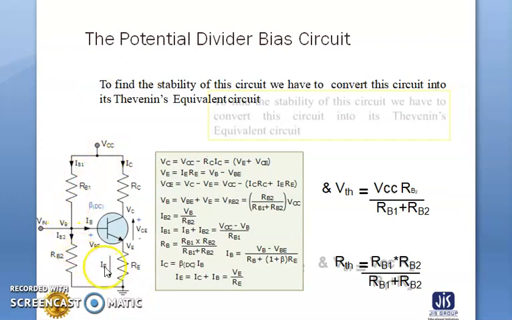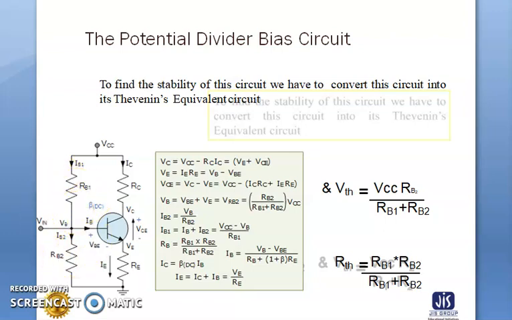This is the circuit diagram of the potential divider bias circuit. Here the common emitter transistor configuration is biased using a voltage divider network to increase the stability.